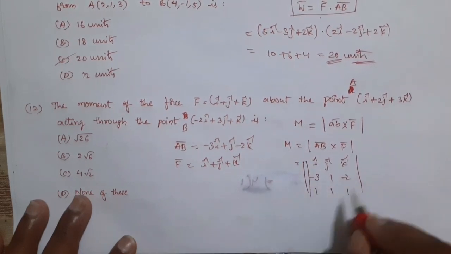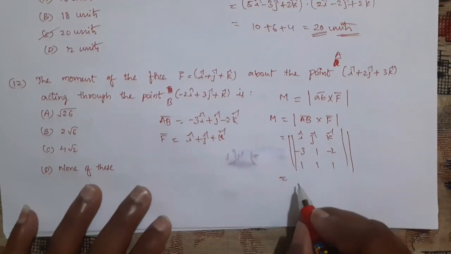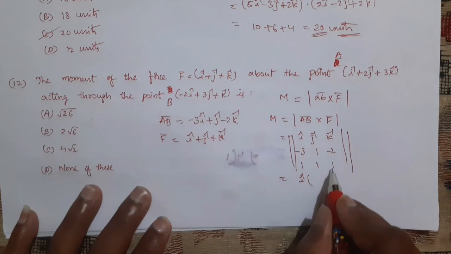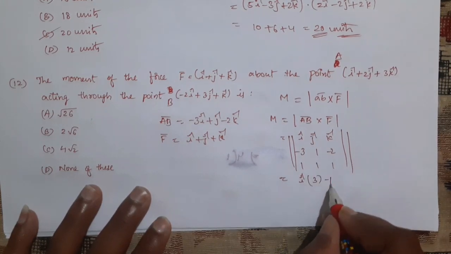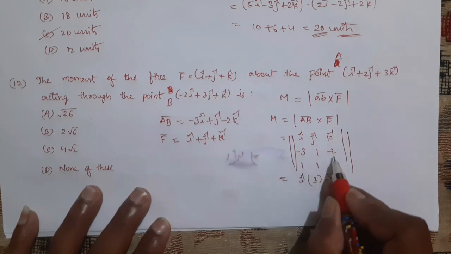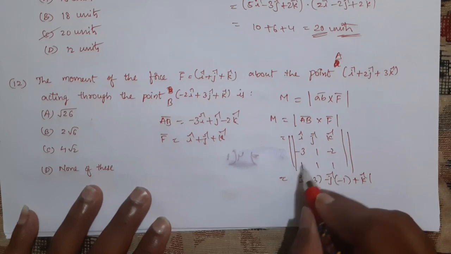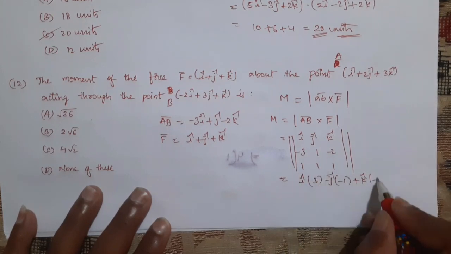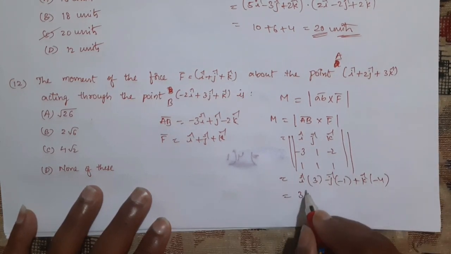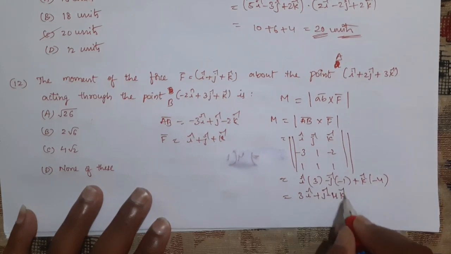First you find the det and then the modulus. I cap into 1 plus 2, which is 3, minus j cap into minus 3 plus 2, which is minus 1, plus k cap into minus 3 minus 1, which is minus 4. So which is 3 I cap plus j cap minus 4 k cap.